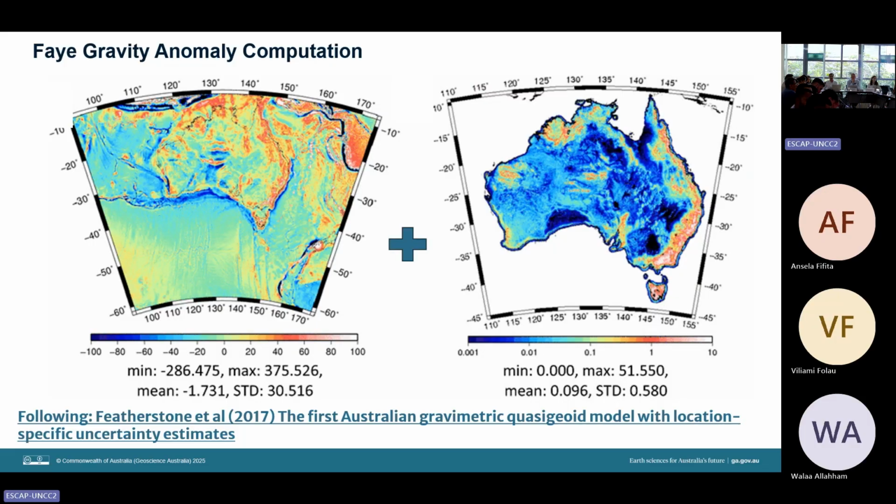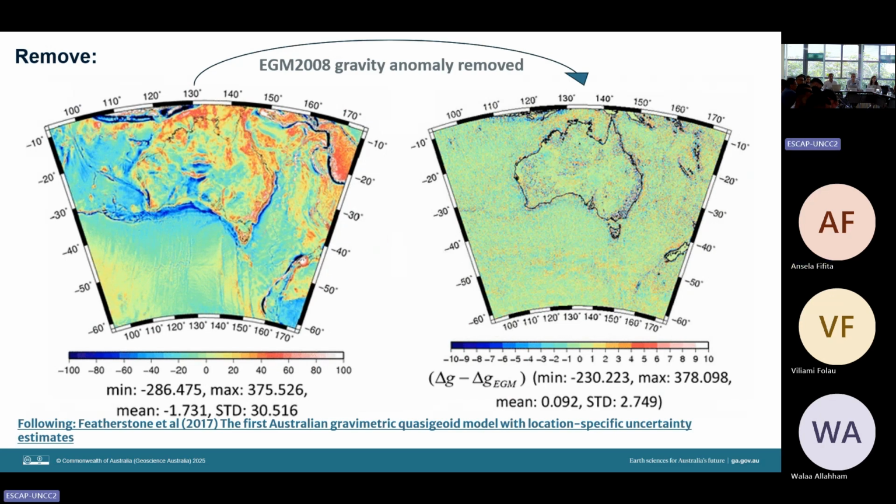I've mentioned it already, but the next step is the so-called remove step. We actually used EGM 2008 in the last modeling process, and that has terrestrial gravity data that have gone into it from the same database that we're using here.